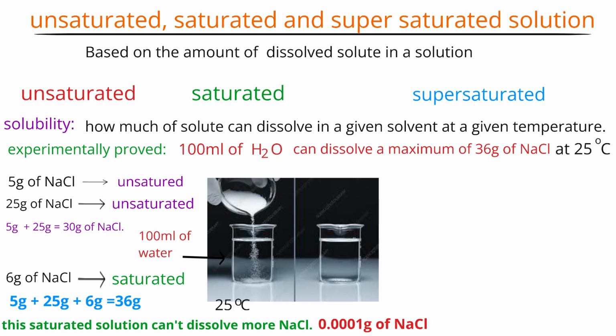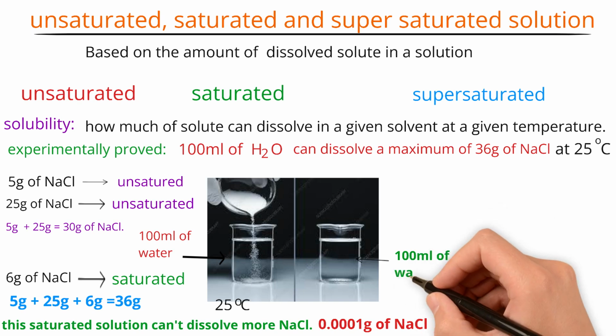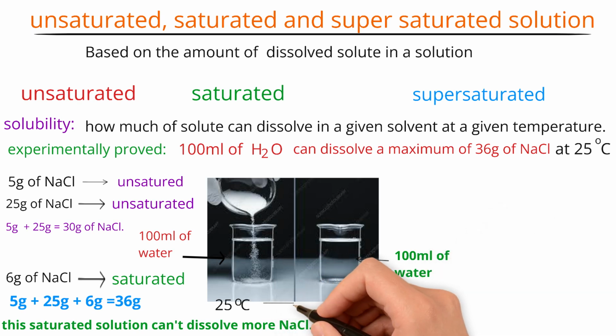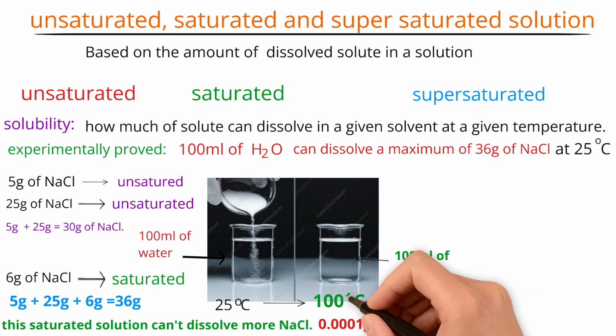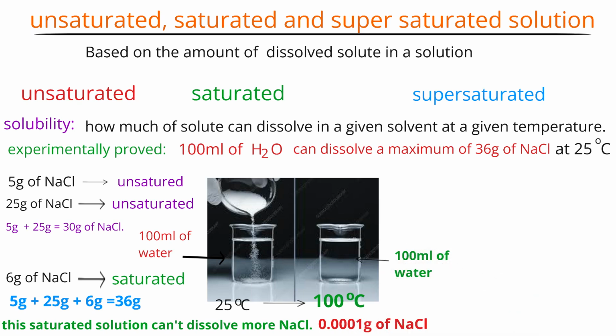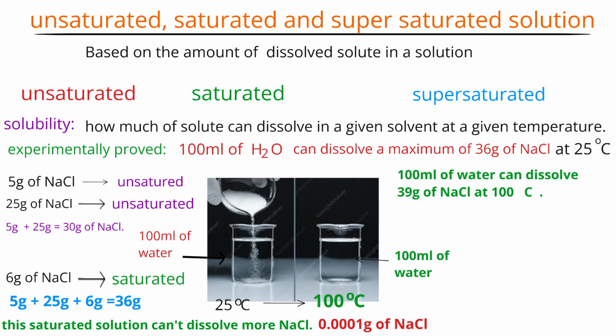Now let us consider the second beaker, which contains 100 ml of water. But in the second beaker, the temperature is 100 degrees Celsius. So 100 ml of water in the second beaker can dissolve 39 grams of sodium chloride at 100 degrees Celsius.